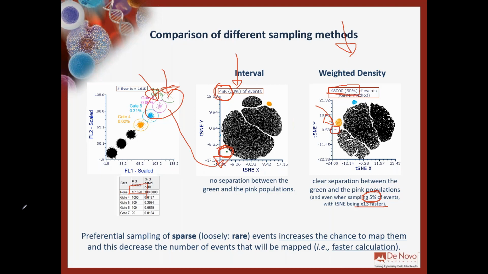So in FCS Express, we put in place tricks like this so that you will always get the same results if you run tSNE, UMAP, or whatever, multiple times with the same setting on the same data set. Of course, if you change the data set, like if you change the gates, the compensation, the scaling, and whatever, you will have a different tSNE, but that's another story.